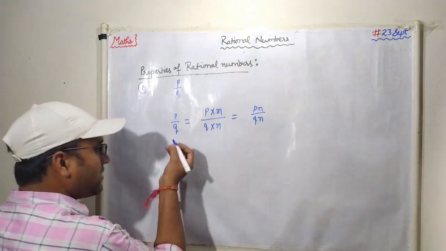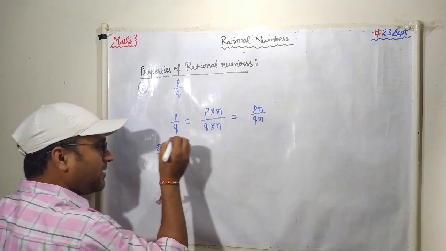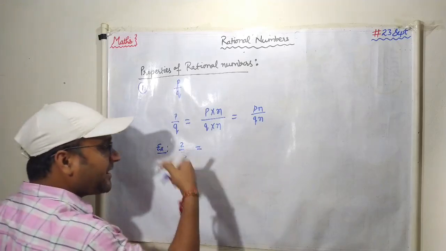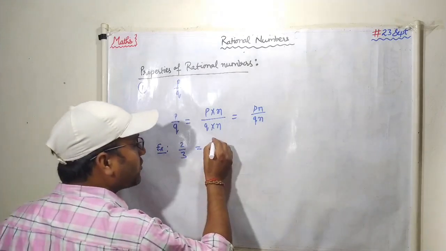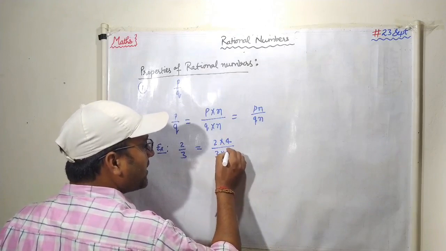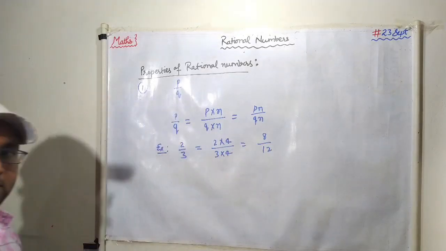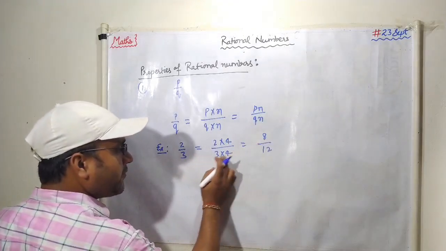Suppose, for example, 2 upon 3. I am going to multiply by any non-zero integer, say 4. So 3 is also multiplied by 4. What you will get is 8 upon 12. 4 2s are 8 and 4 3s are 12.